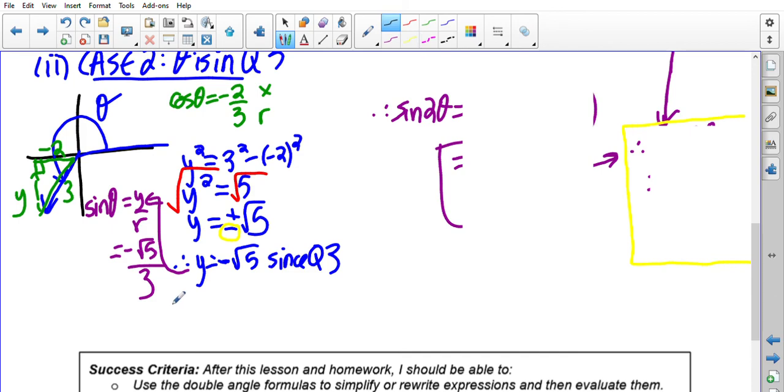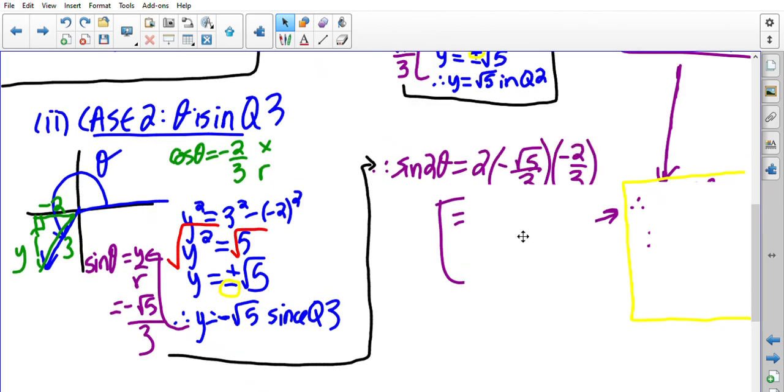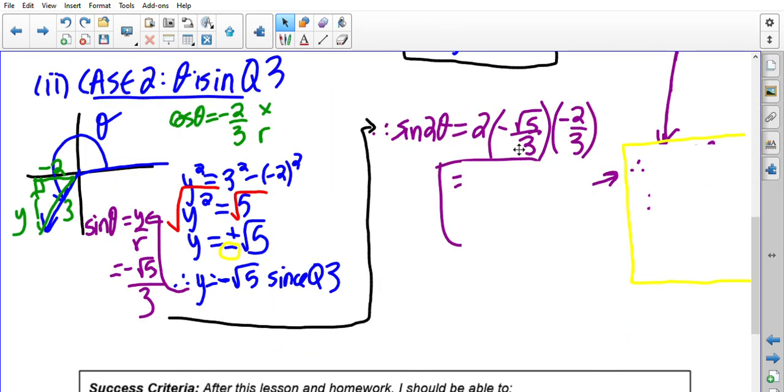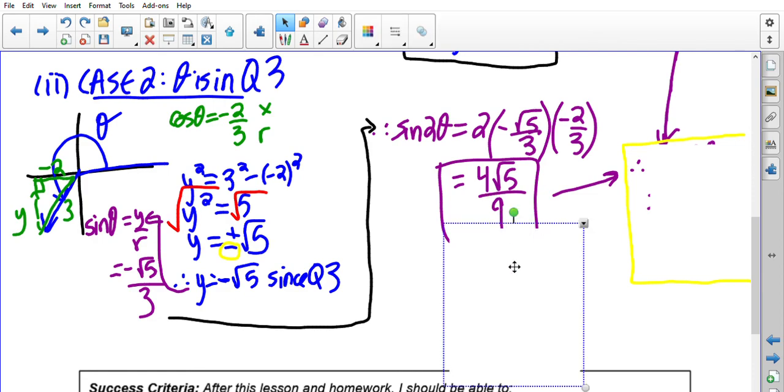So we do the same thing we just did. Sine 2 theta in this scenario is 2 times negative root 5 over 3 times negative 2 over 3. When we multiply, the two negatives become a positive, so we get positive 4 root 5 divided by 9.